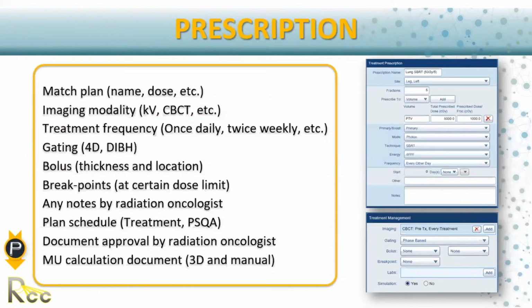For the prescription, you have to match the plan name, image modality, treatment frequency, gating, are you using it or not, bolus thickness and location, breakpoints, any notes by the radiation oncologist, plan schedule, treatment, patient-specific QA, document approval, and MU calculation, either 3D or manual. You must ensure that the total dose and dose per fraction are correctly entered.